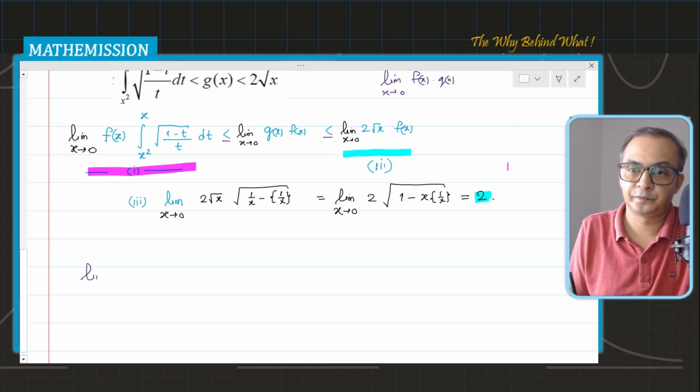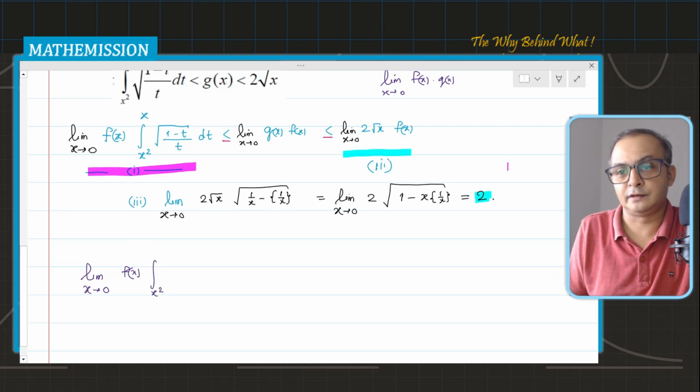Limit x tends to 0, I have now the f(x) and the integral from x squared to x of the square root of 1 minus t over t, dt.